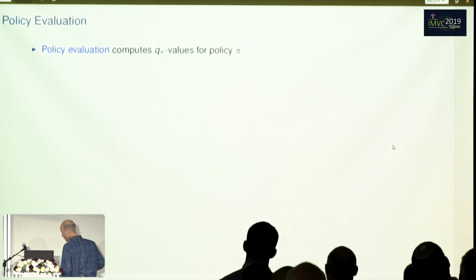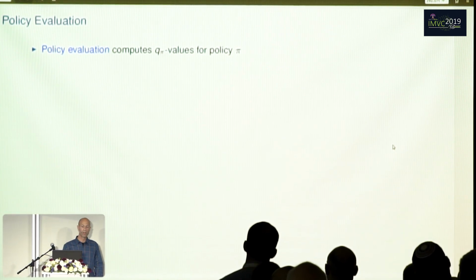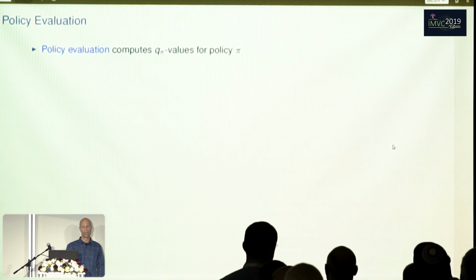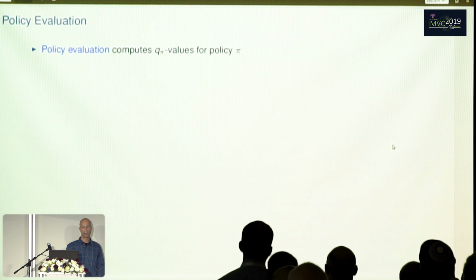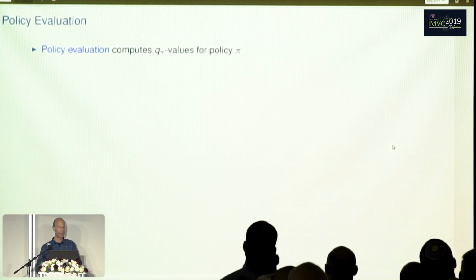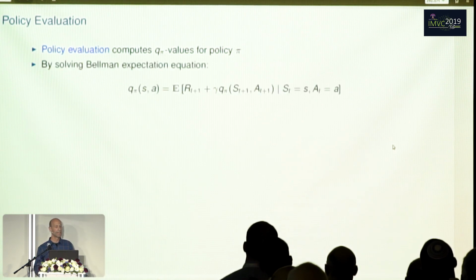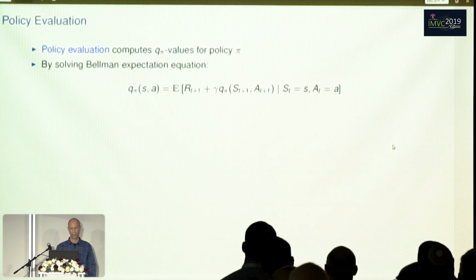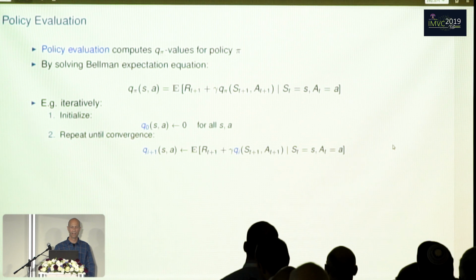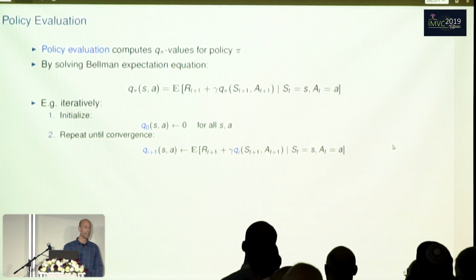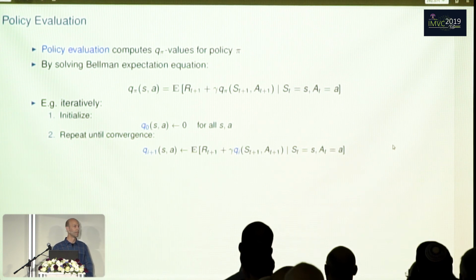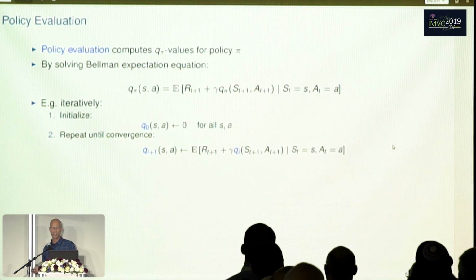Okay, so to solve MDPs, an important step is called policy evaluation. Given a policy pi, any policy pi, policy evaluation computes the Q values for policy pi. And it does so by solving Bellman's expectation equation, which I put here again for reference. There are many ways we can solve this equation. One of them is an iterative process. We start by initializing Q values to 0 for all combinations of state actions.